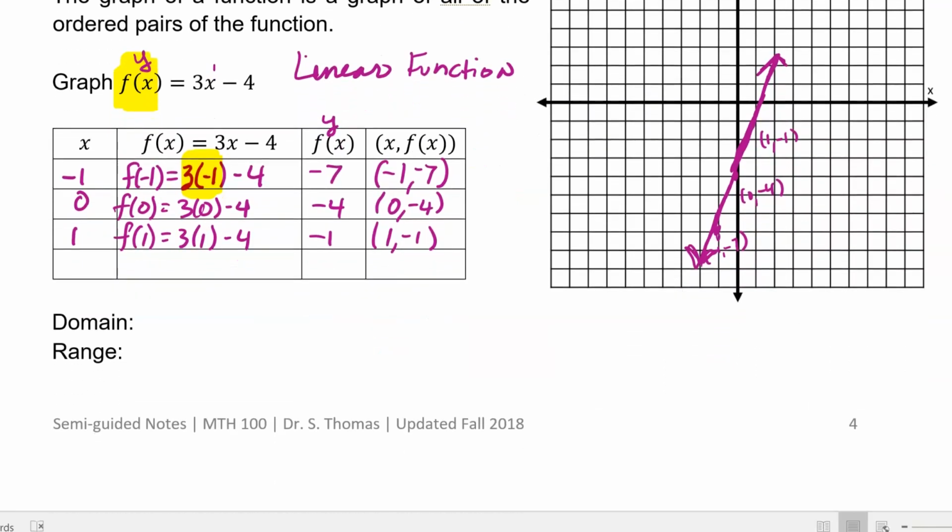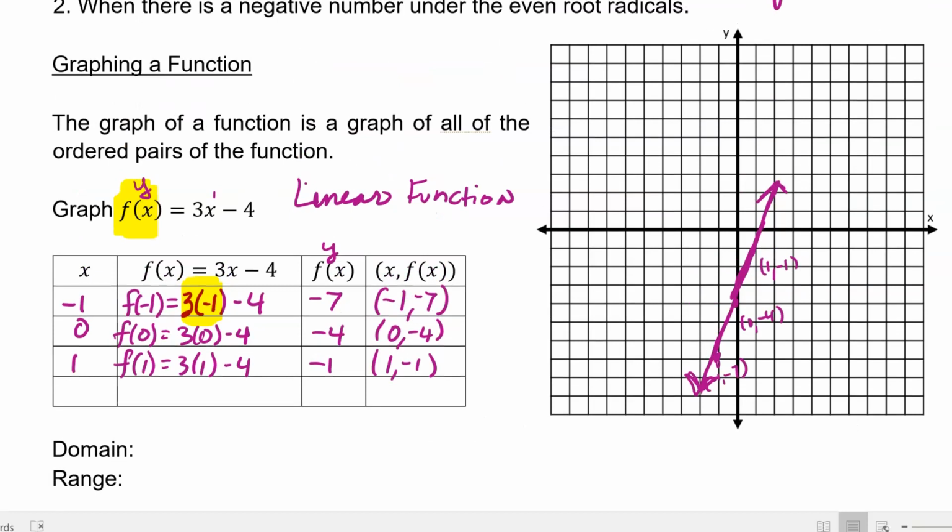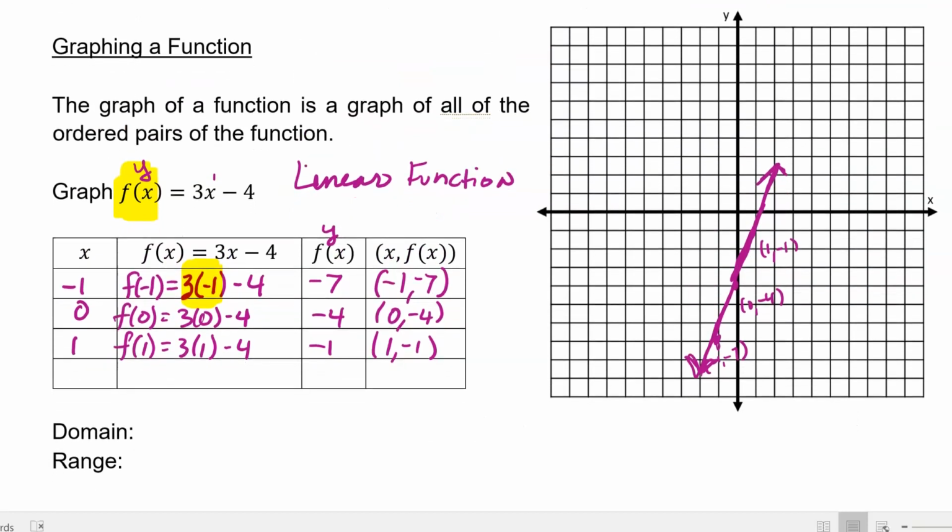Now, what is your domain of this function? Well, notice that I put arrows on the end of this line because this line continues forever. What x values does this line cover? It covers all of them.